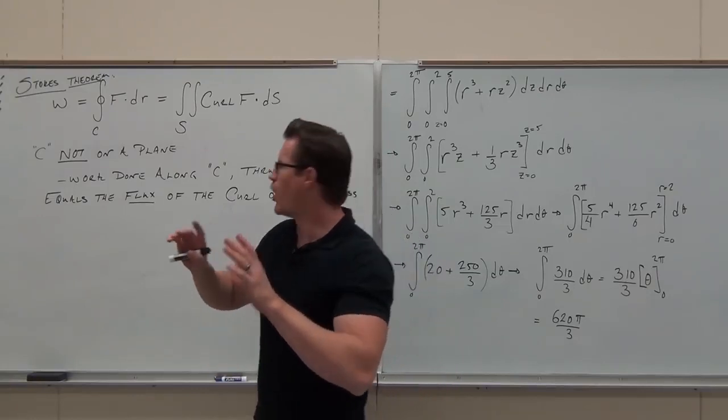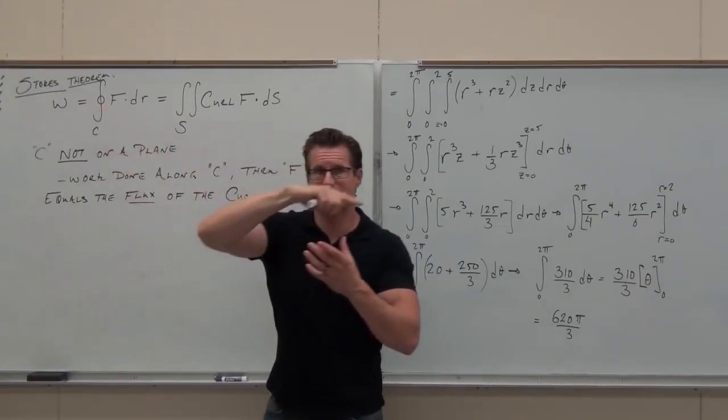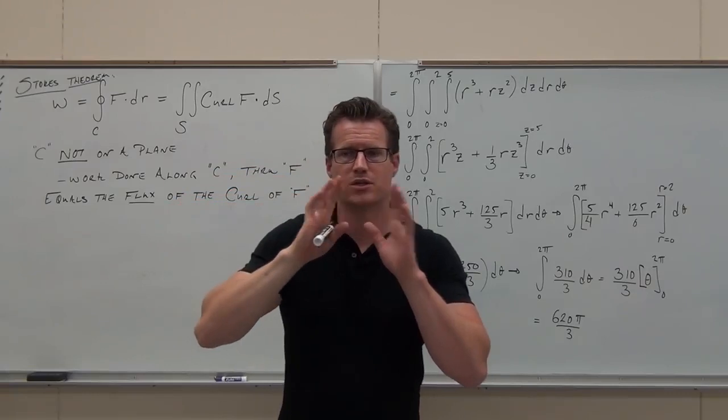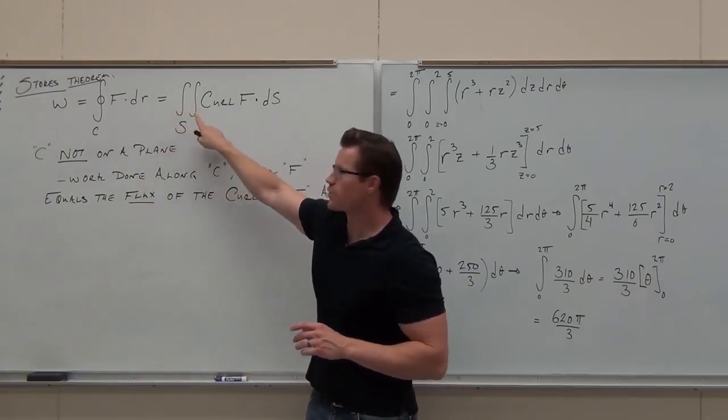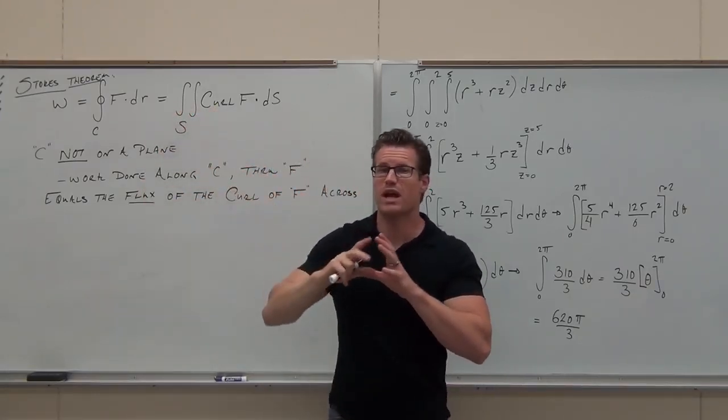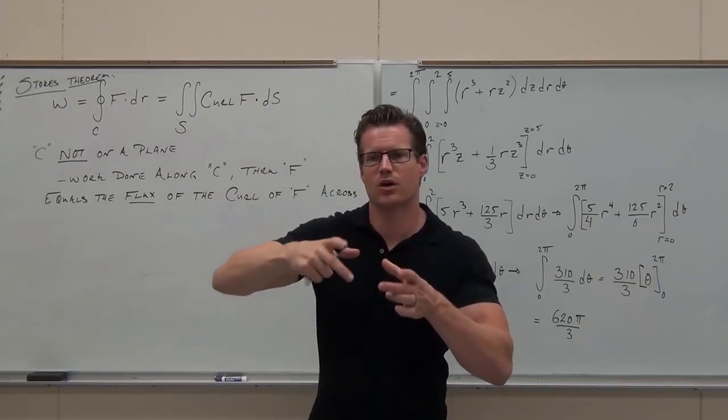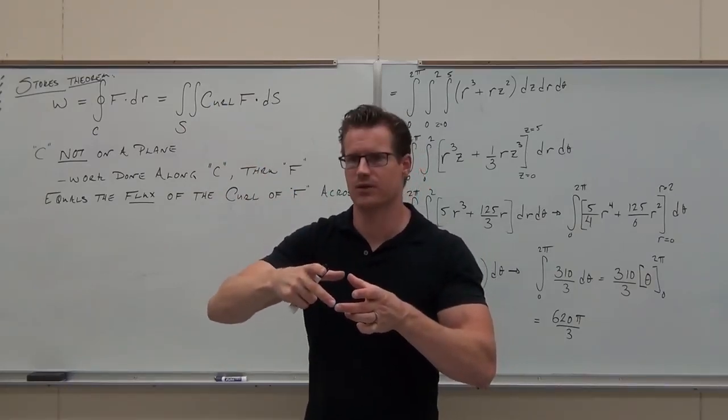It says that as long as this curve is a simple closed curve in 3D, you can do a flux integral, a surface integral of a vector field, for any surface that has that curve as its boundary, and it will calculate the correct flux for you.